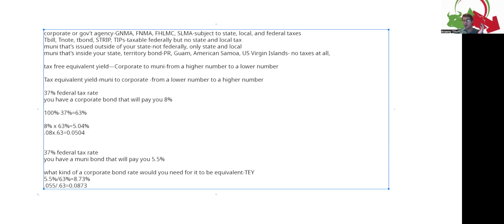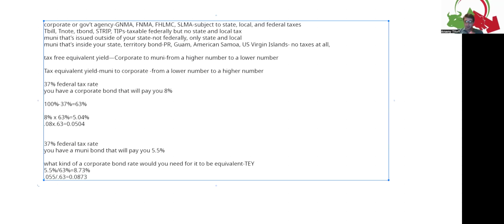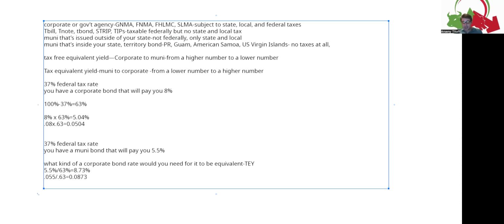The only other trickery you could consider is if you had a whole array of bonds. So let's say you had a 10% corporate bond, and let's say right off the bat you're in the 37% tax bracket and you're subject to 10% state and local taxes, right?